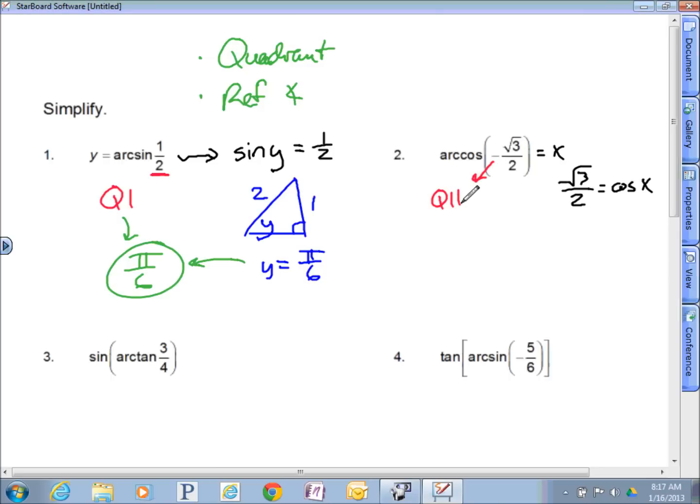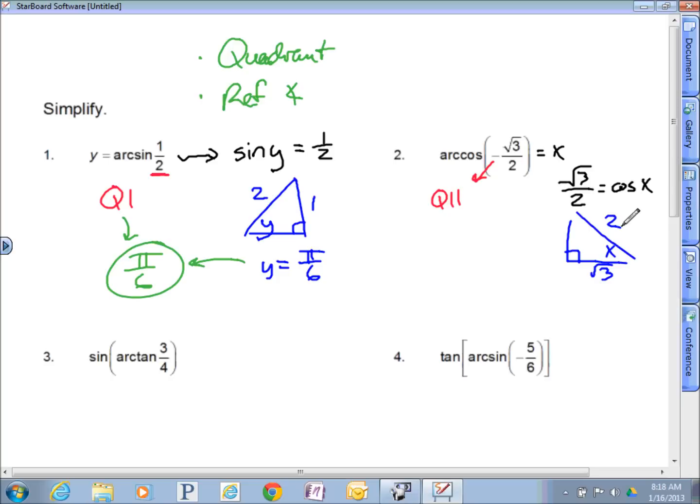Once I've got that part figured out, I can effectively ignore the negative the rest of the way. A lot of my students like to draw reference triangles so they look like they're in the right quadrant. So what have I got? The x I'm trying to find is supposed to have an adjacent of root 3 and a hypotenuse of 2. A lot of my students like to put the negative on the root 3; you can do it either way. What's my reference angle?